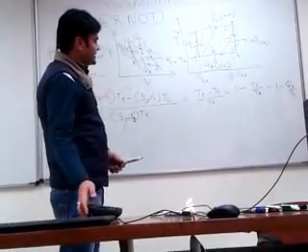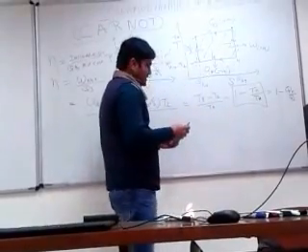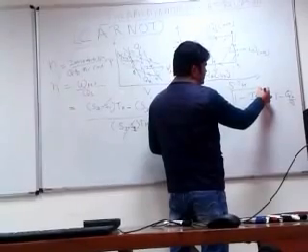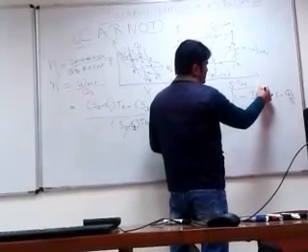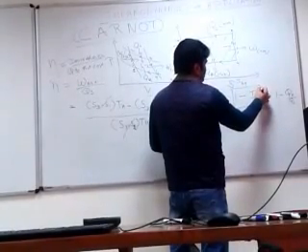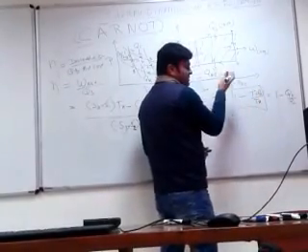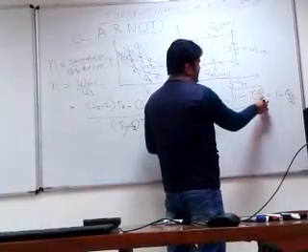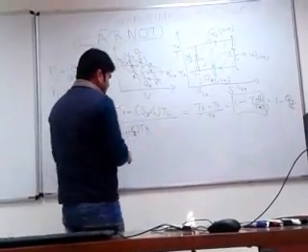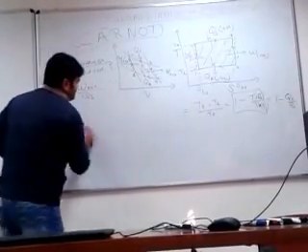By seeing this formula, 1 minus TL upon TH, if we decrease the lower temperature, or we increase the higher temperature, efficiency may increase. So there are two cases. Which one is best among these two?